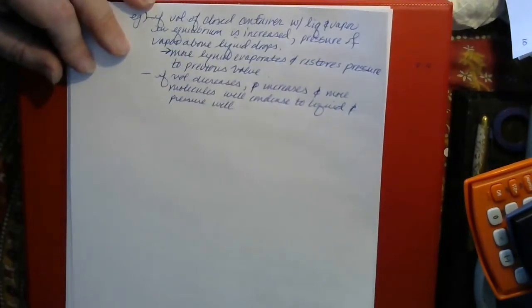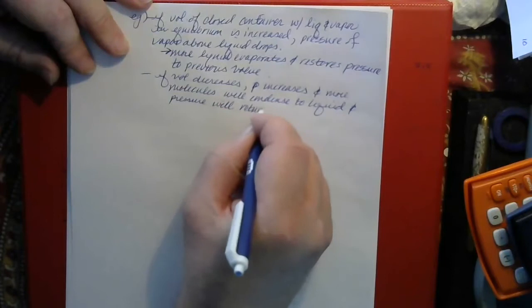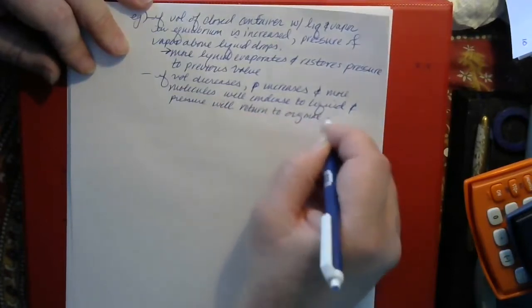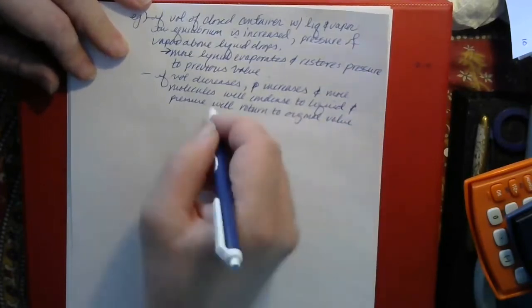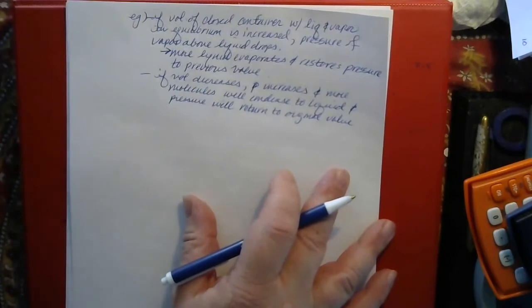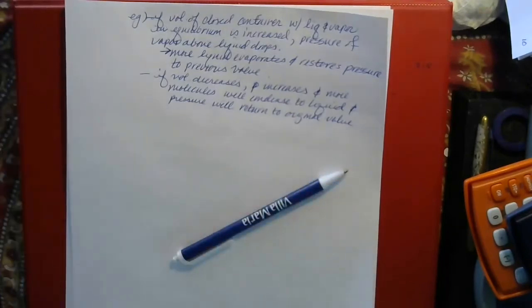And the pressure ends up back down where it was originally. And that's because you'll end up with fewer gas particles in a smaller area, and that will make for the same pressure overall as you had before.